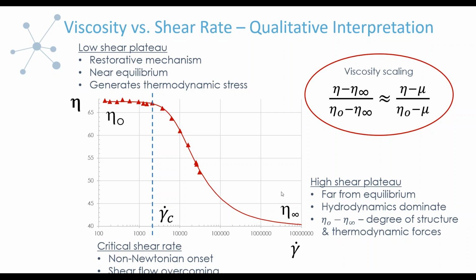However, because we don't have access to measure this plateau, the next best thing would be to substitute the buffer viscosity for the high shear plateau viscosity, which in practice generally works equivalently. So this then will be our viscosity scaling, and that's the rationale for it. So sorry for the long explanation.